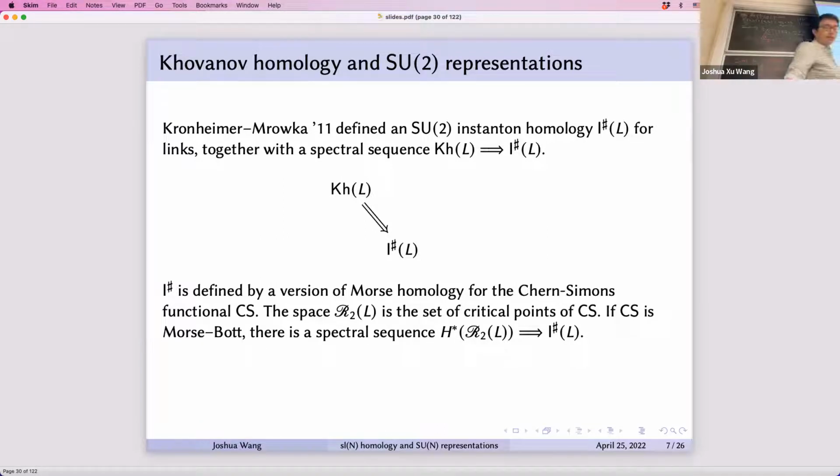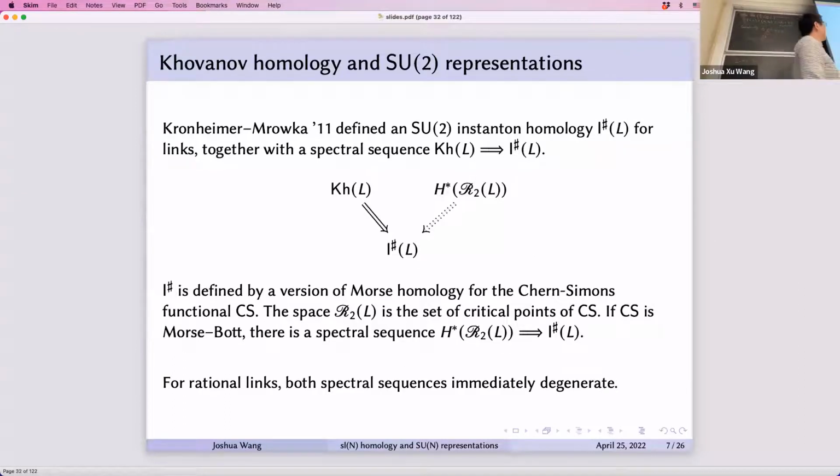So sometimes, but not always, there's a spectral sequence which goes from the cohomology of this representation variety that we've been talking about to the instanton homology. And so you can think of the coincidence on the previous page as the statement that for rational links, both of these spectral sequences exist and also immediately degenerate. And so all three of these groups are the same.